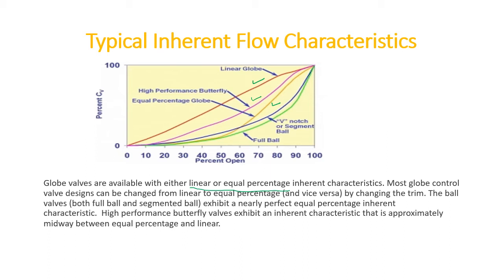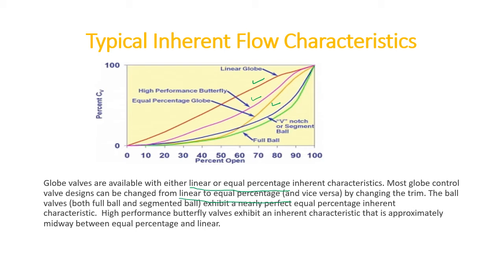Most globe control valve designs can be changed from linear to equal percentage by changing the trim. The full ball and segmented ball valves exhibit a nearly perfect equal percentage inherent characteristic. High performance butterfly valves exhibit an inherent characteristic that is approximately midway between equal percentage and linear.